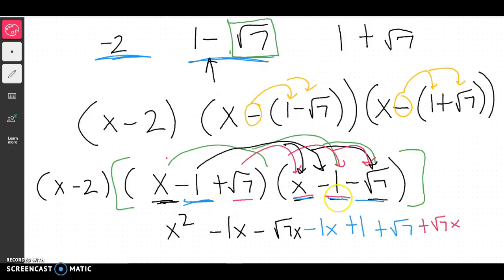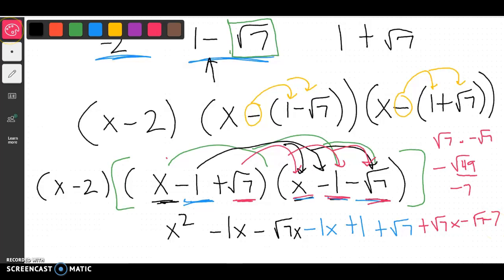Radical 7 times negative 1 would be negative radical 7. And then radical 7 times negative radical 7. Let's do this on the side. So radical 7 times negative radical 7 would be negative radical 49. Radical 49 would just give me 7, so this would be negative 7.